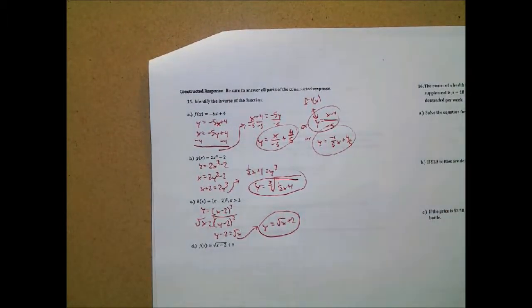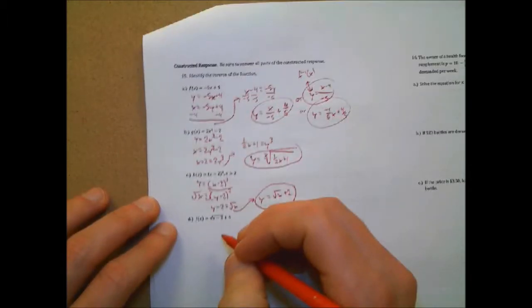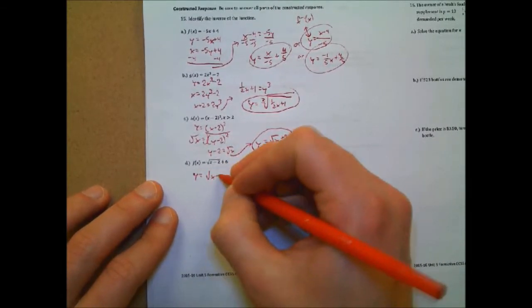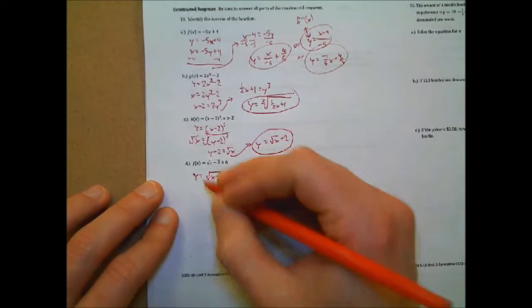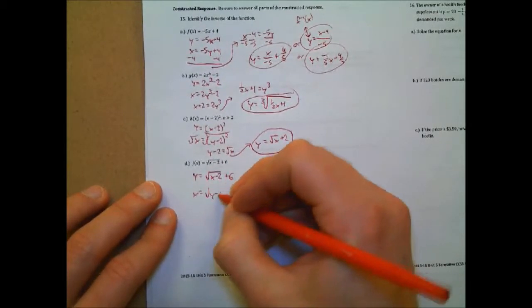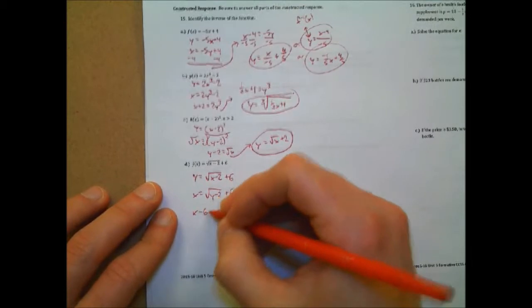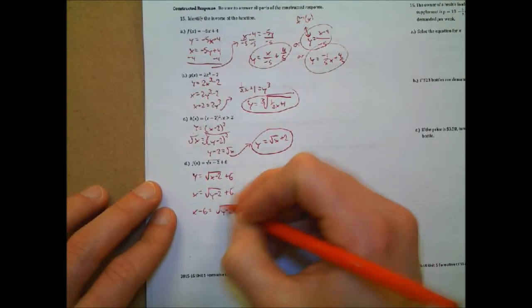Then for D, j of x there, again, y equals, swap the x and y, solve for y. So here we'll subtract the 6 over. Now we have to square both sides.